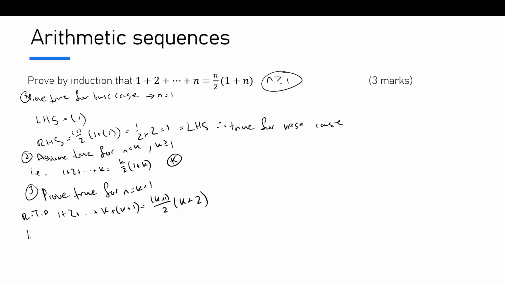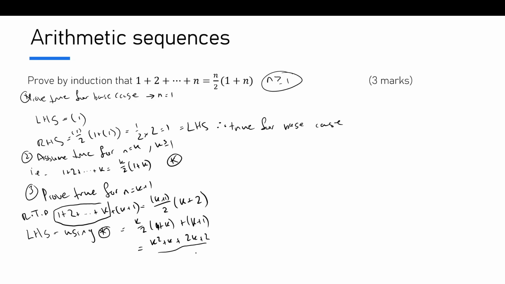So for our first step, we're going to take our left-hand side, and using our second step assumption, we're going to say this is now equal to k on 2 times (1 plus k), plus (k plus 1), which is equal to (k squared plus k plus 2k plus 2) all over 2, which is then equal to (k plus 2)(k plus 1) over 2, which is now equal to our right-hand side.